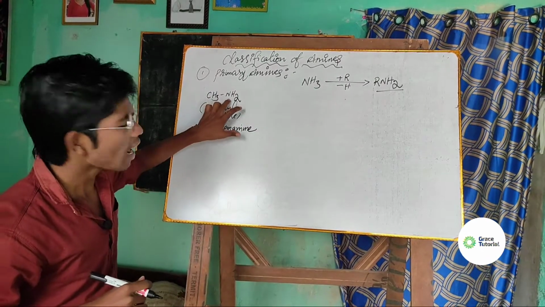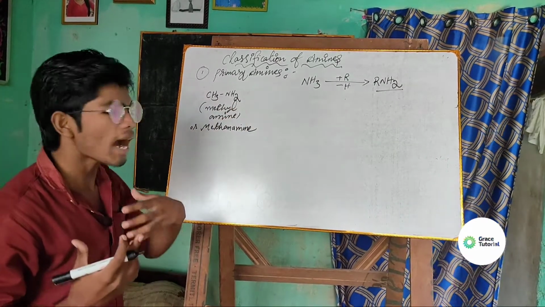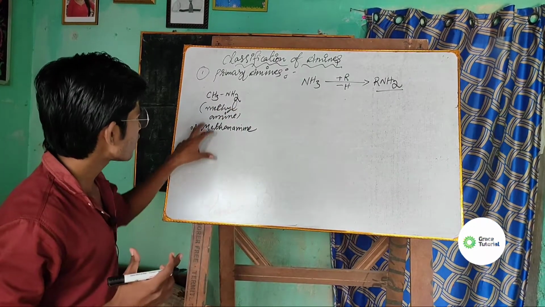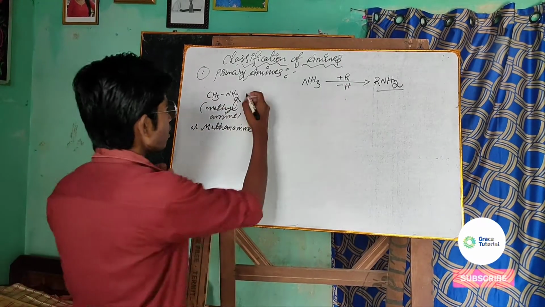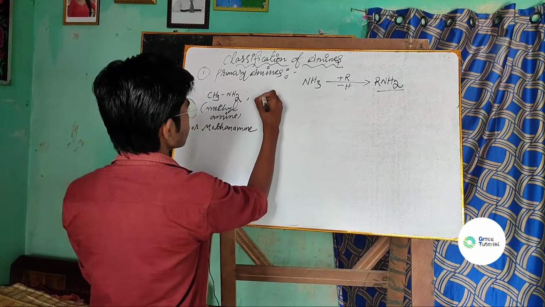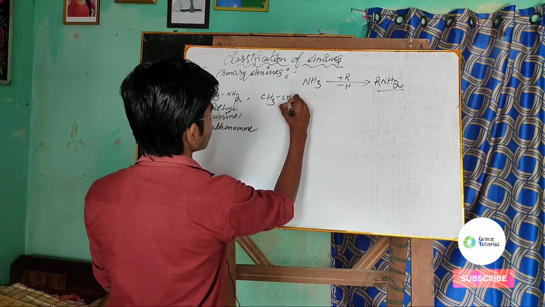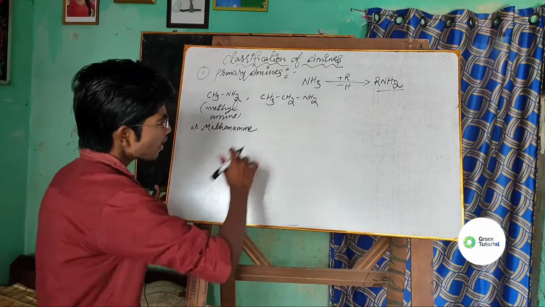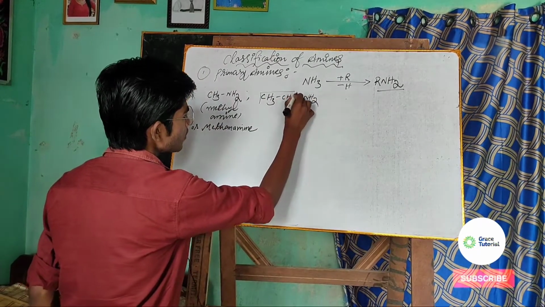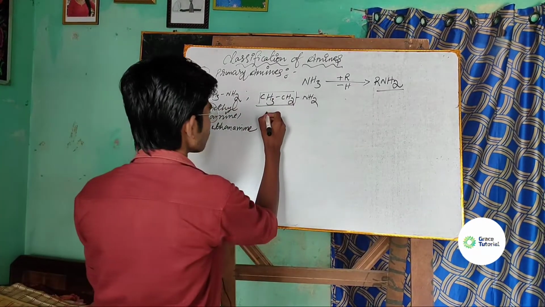So methyl, and here the amine group, that's why methylamine, or according to the IUPAC name, methane plus amine, that is methanamine. Similarly, I have this one. So what is the name of this compound? This one is ethyl, so ethylamine.